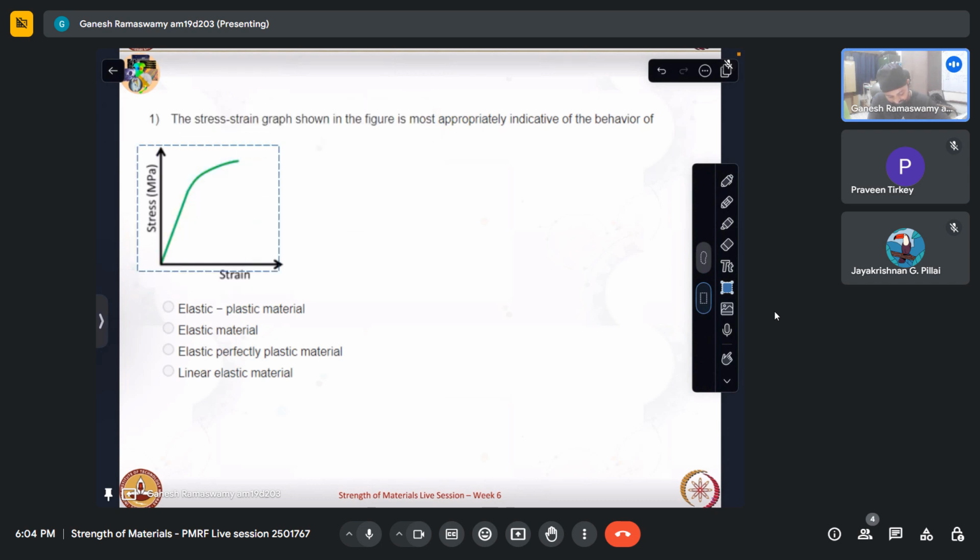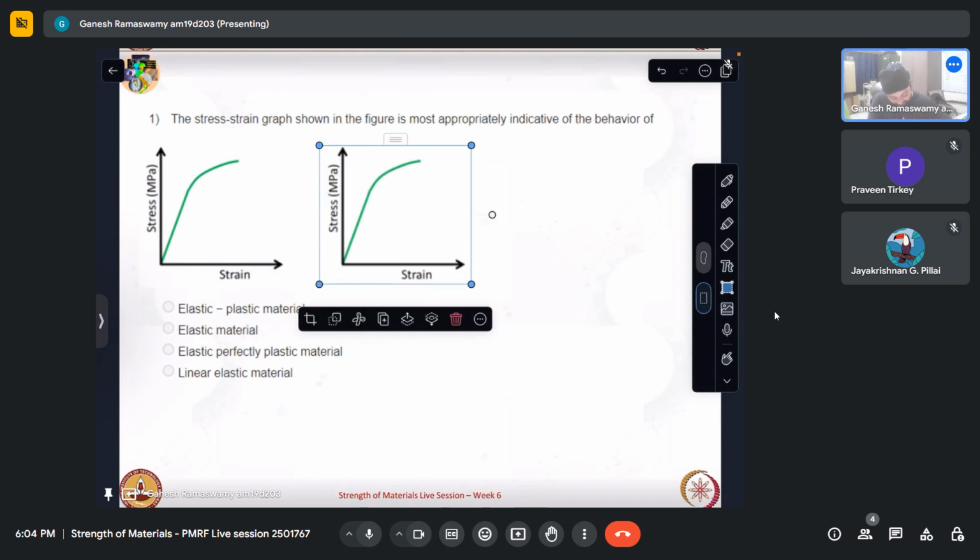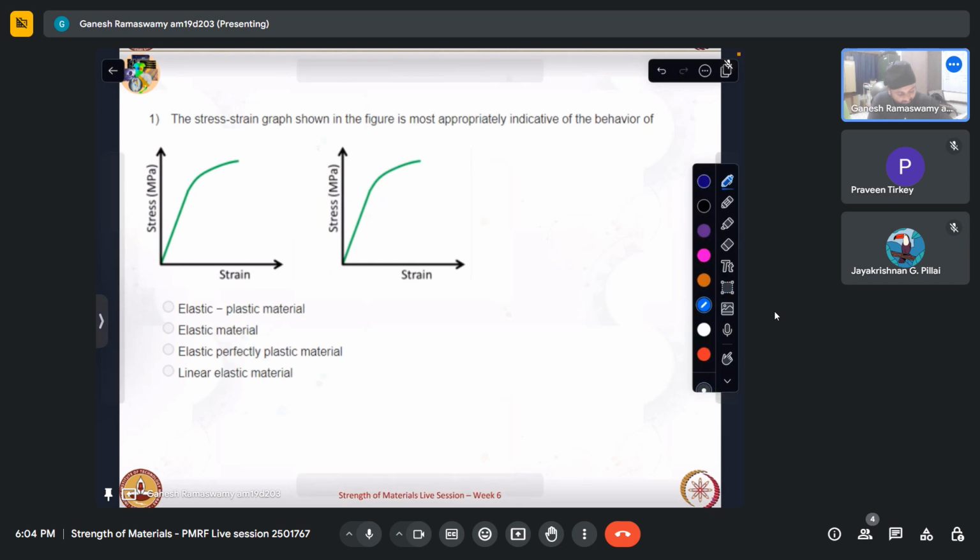So let me delete this. I'll just make a copy of this. So if this is elastic plastic, what does an elastic material look like? So an elastic material, although it is not qualified here, if we stretch it this way and then it follows the same path while unloading, it can be classified as an elastic material with no plastic deformation.